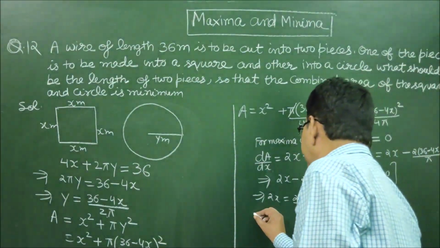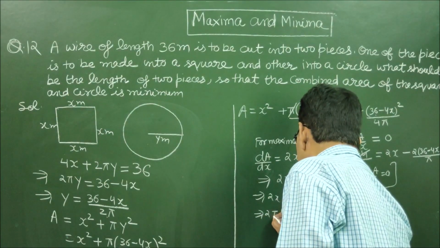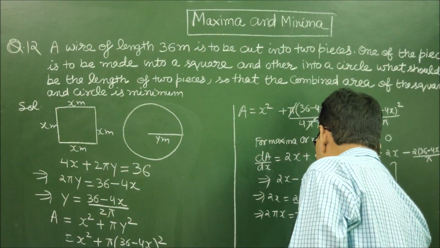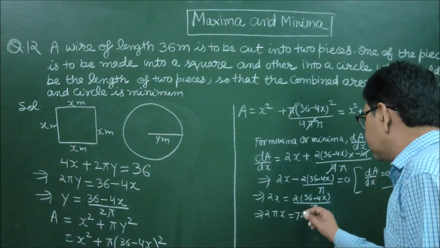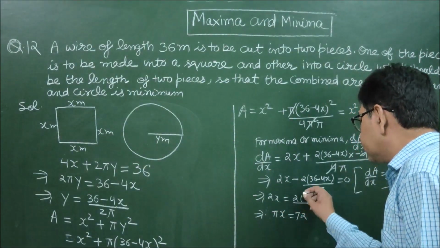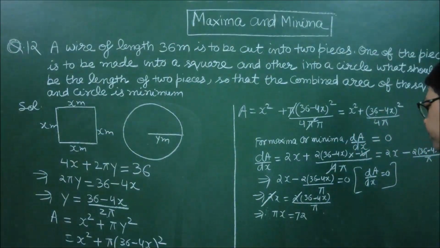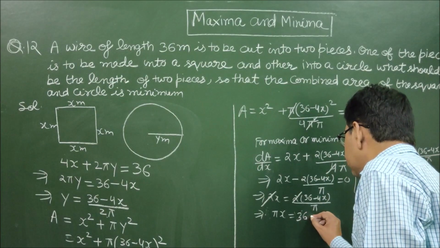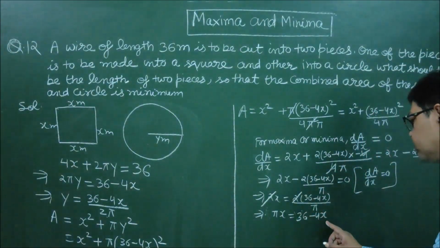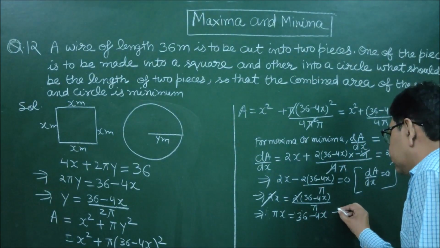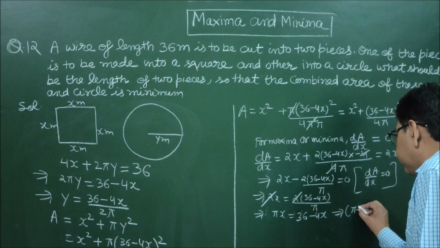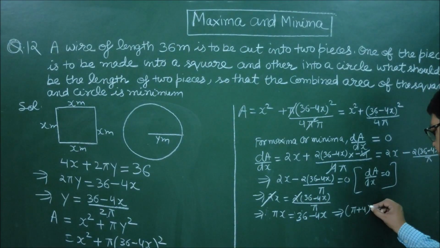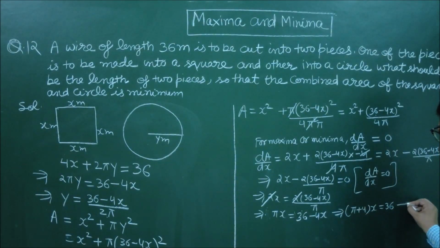So on multiplying, 2 pi x is equal to 2 into 36 minus 4x. Here you can cancel, 2 and 2 get cancelled. So pi x is equal to 36 minus 4x. Bringing this 4x to the other side, this implies that pi plus 4 into x is equal to 36, or x is equal to 36 upon pi plus 4.